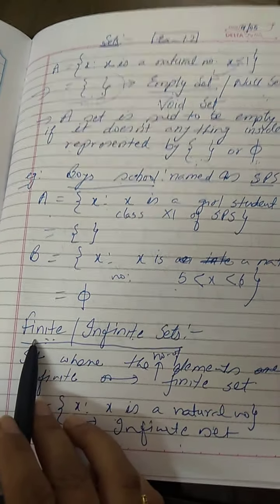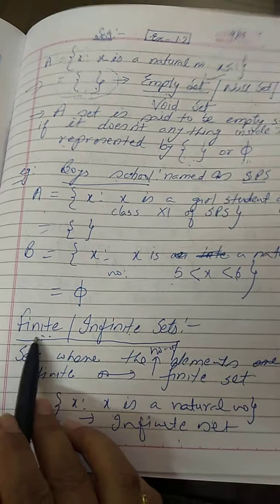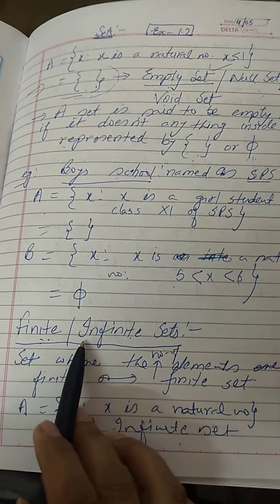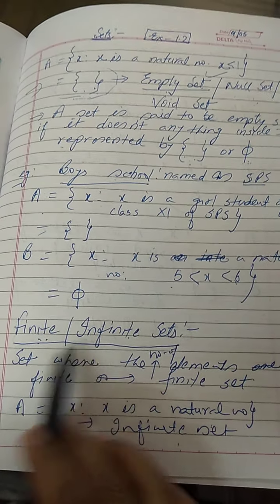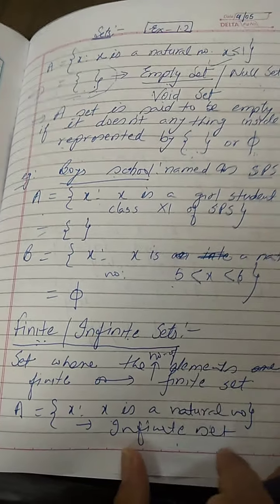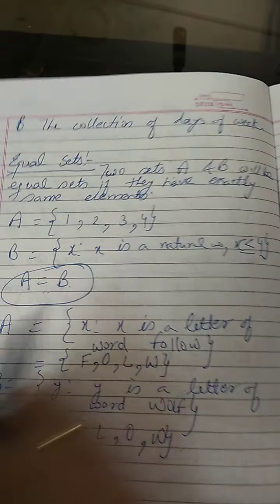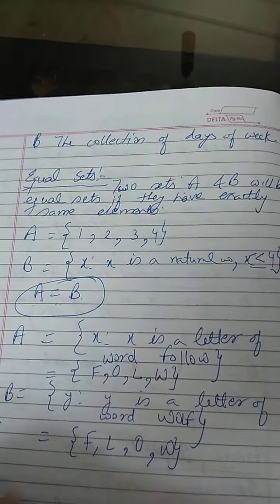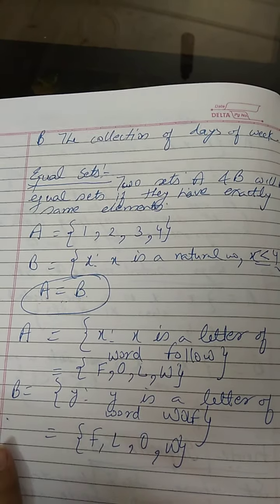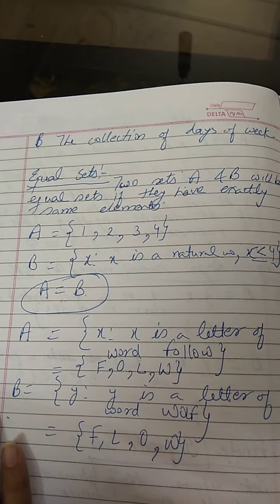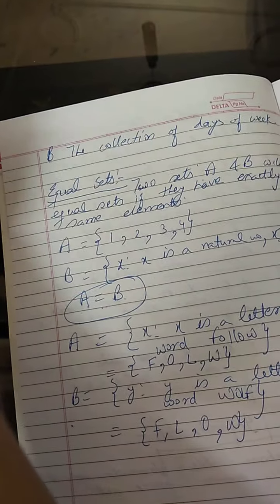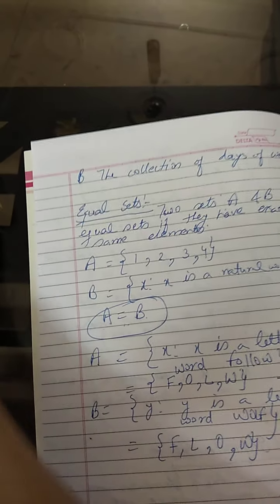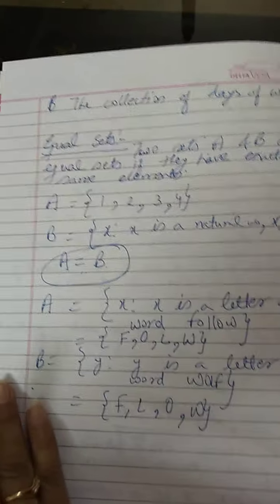The set which has a definite number of elements will be called a finite set, and the set which does not have a definite number will be called an infinite set. And equal sets: two sets will be called equal if they have exactly the same elements. These three definitions are what the next exercise is based on, and you will be able to do this exercise within minutes.